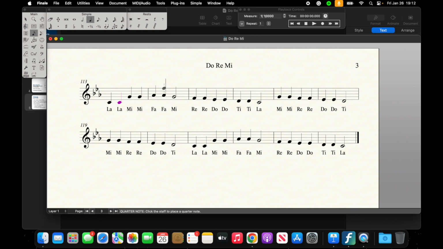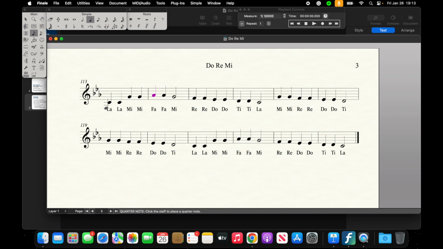La, la. Oops. La, mi, fa, mi, re, do, ti, la. Mi, re, do, ti.